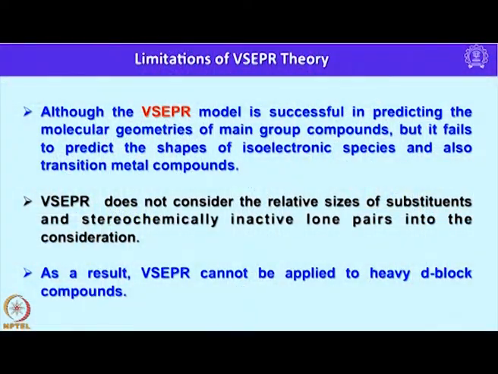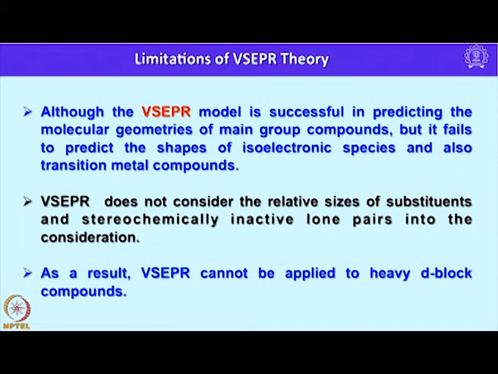I think this is all about valence shell electron pair repulsion theory. It is quite successful in predicting the molecular geometries of main group compounds, but only in a few cases it fails to predict the shapes of isoelectronic species and also transition metal compounds.